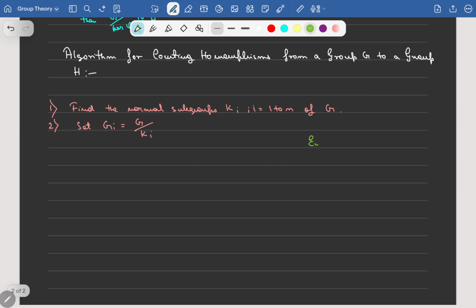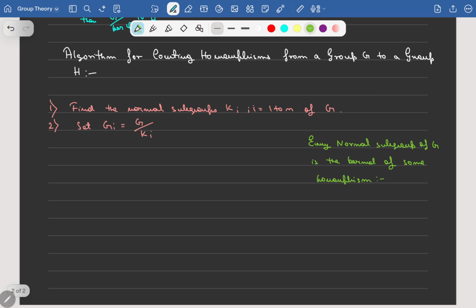Observe that every normal subgroup of a group G is the kernel of some homomorphism, and we already know that the kernel of some homomorphism is a normal subgroup.